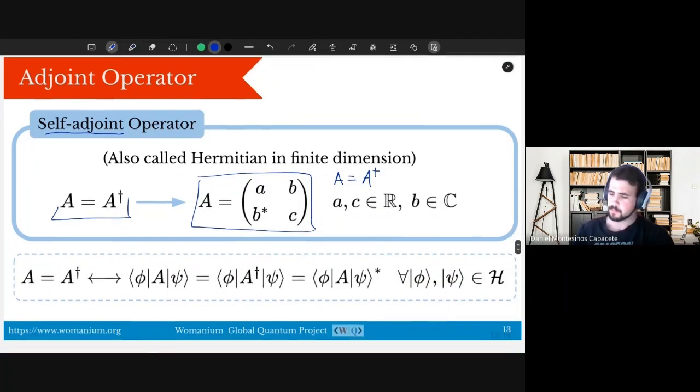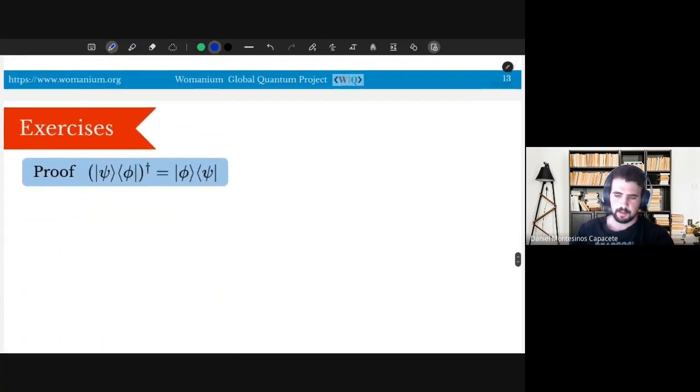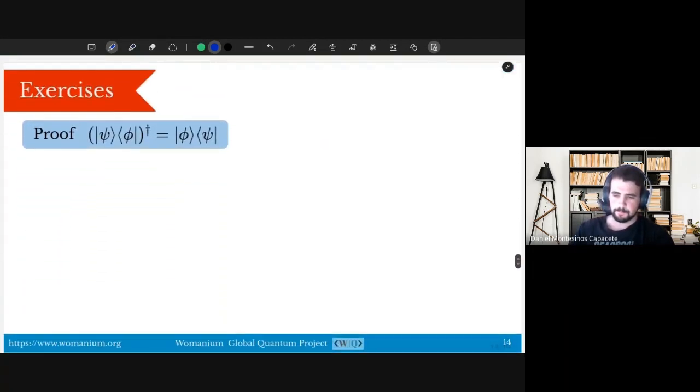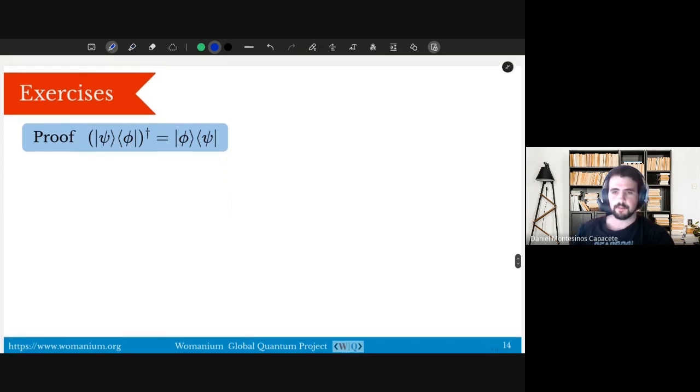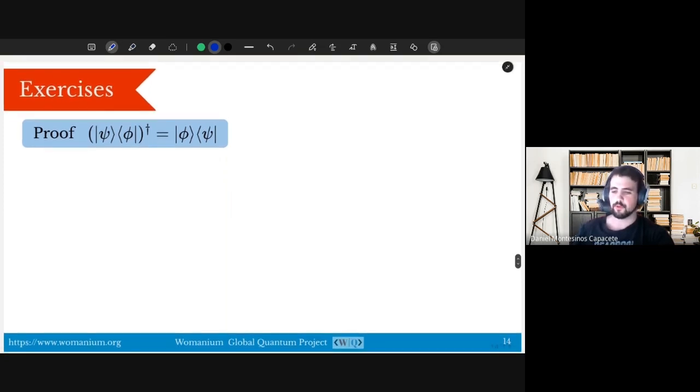So let's do some practical work. Let's try to prove this, right? In order to prove this, you could maybe call this an operator, right? So A dagger would be just what we want to compute.